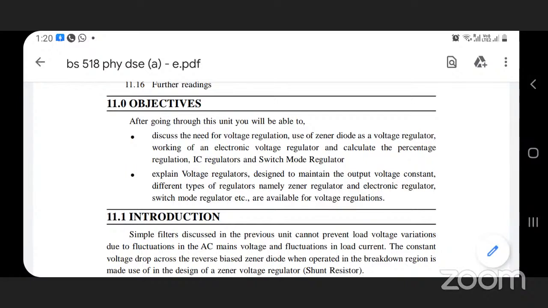You also need to explain how to maintain the output voltage at a constant, and the different types of regulators, namely Zener regulator, electronic regulator, and switch mode regulator. These are the different types available for voltage regulation.